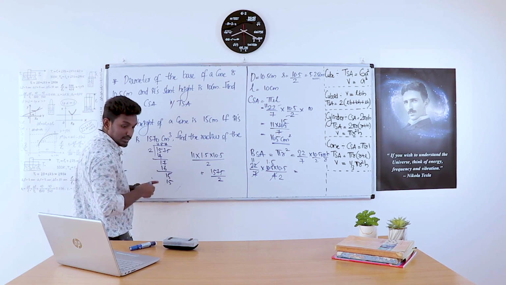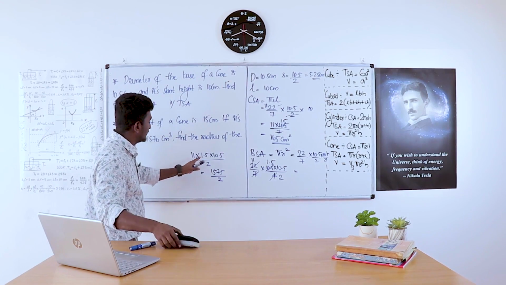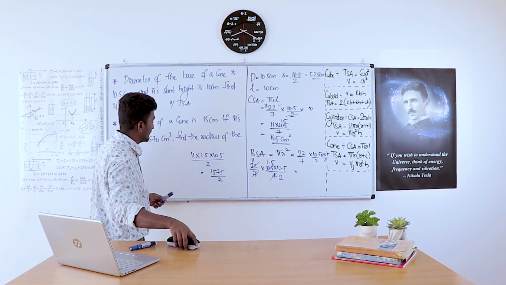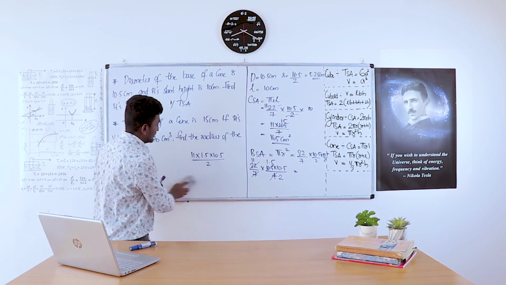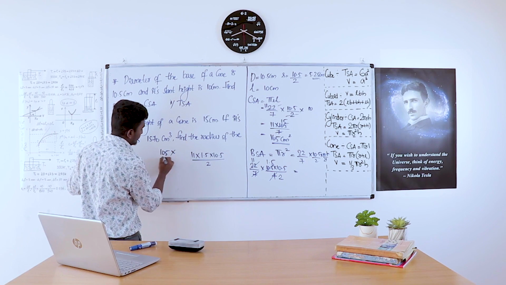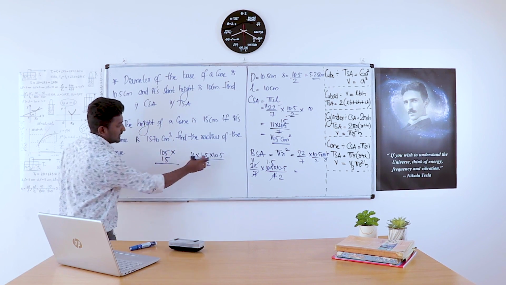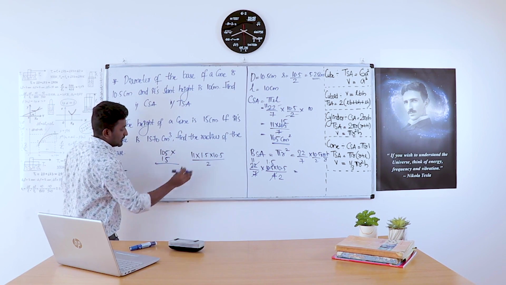Oh, we need to put the decimals. I forgot to put the decimals. So what is 1.5 into 10.5? 105 into 15. Look again, I just forgot to put the decimal. So we have to put the decimal and then we can completely solve.